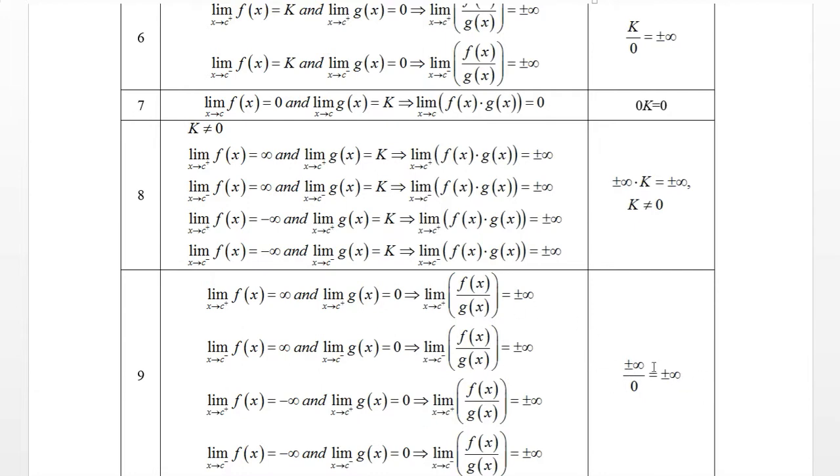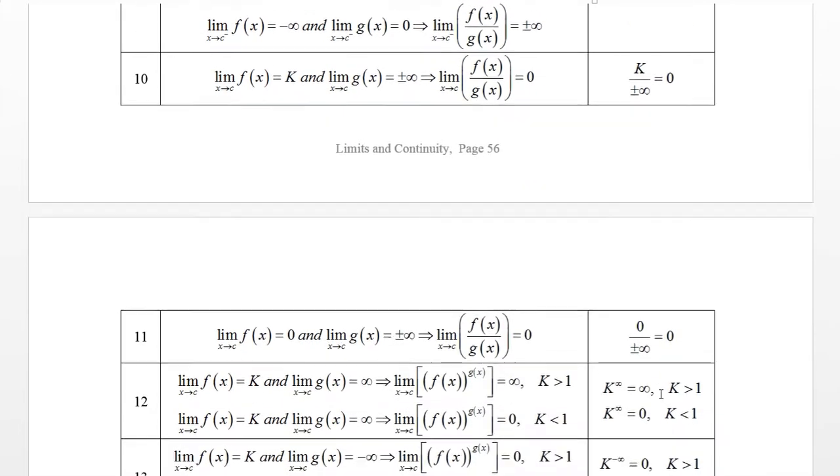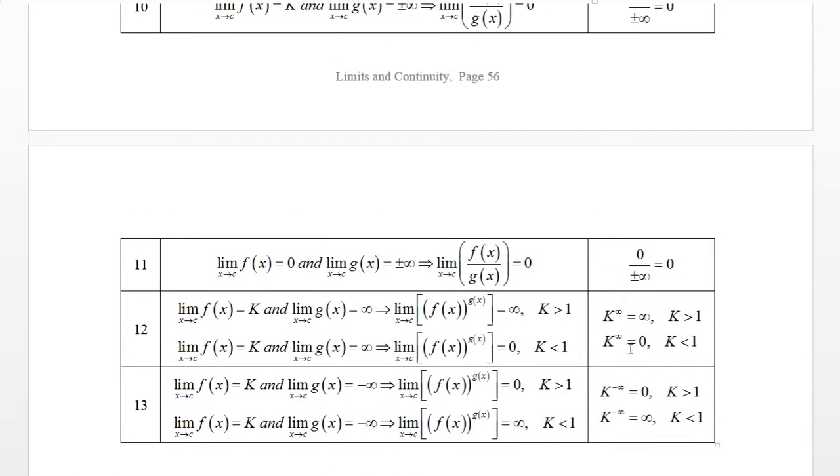It might be one from one side and something different from the other, so plus infinity doesn't mean plus infinity here. It's stated more specifically over here, of course. This is just a shorthand to help you maybe remember it. And k over plus or minus infinity is going to go to 0. 0 over plus or minus infinity will be 0.